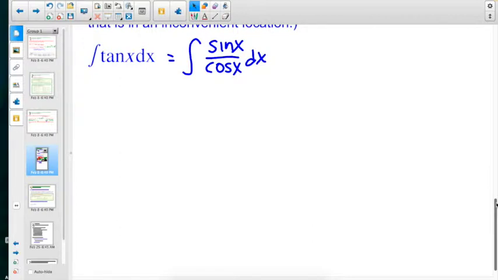First of all, what do you want to call u? Go for the complicated portion of this expression. Sine or cosine? They're both not that complicated, but which one's in a location that seems to be problematic? Cosine, exactly. So go after calling that u.